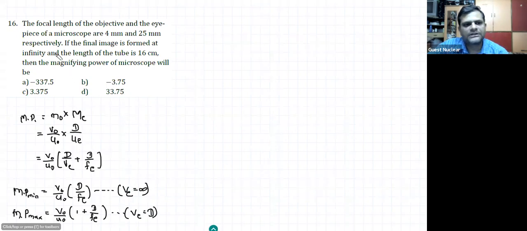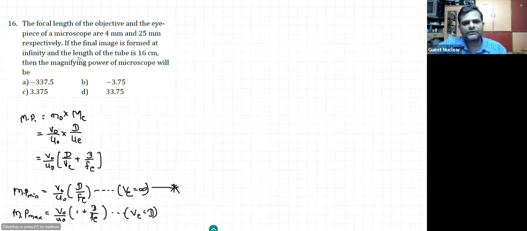Yes, but here in this case, it is clearly mentioned that the final image is formed at infinity. That means we have to use this formula here. ये वाला जो formula है, तो ये हमको use करना है यहाँ पे. Just because the final image is given to be formed at infinity. So what we require: VO, UO, D and FE. Out of that, D is already known.